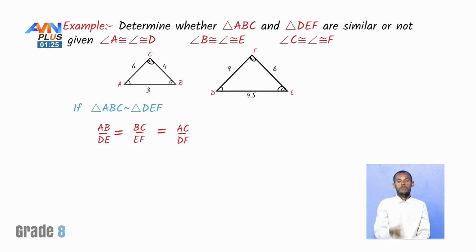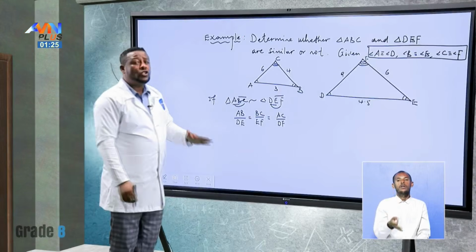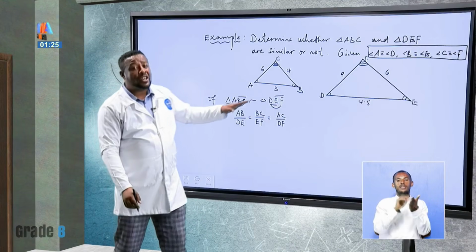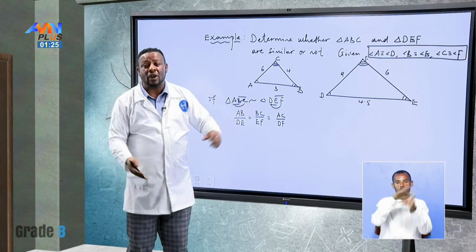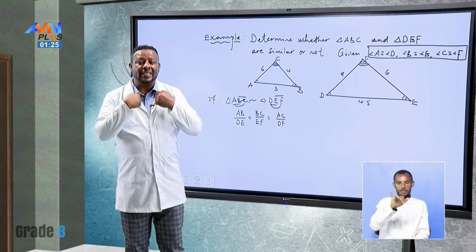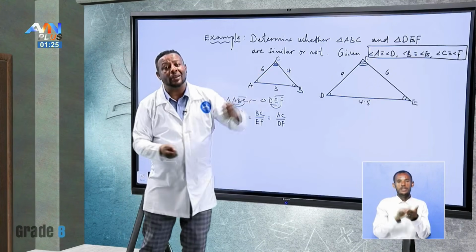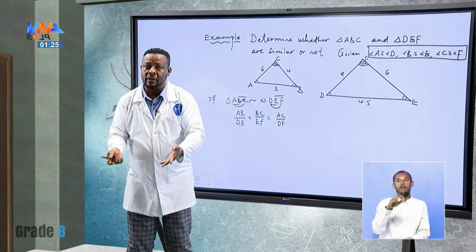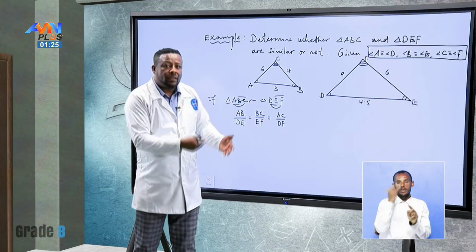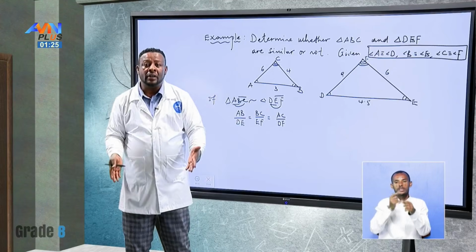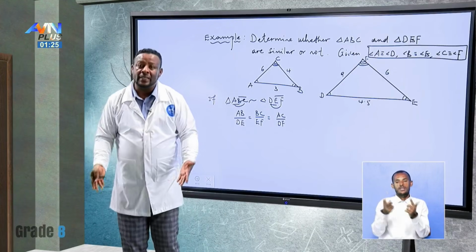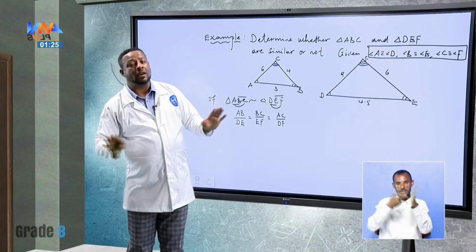We need to check whether these ratios are the same or not. If all these ratios are the same, we can say that these two triangles are similar. But if we get one value which is different from the other, the second condition fails. That means the two triangles are not similar.